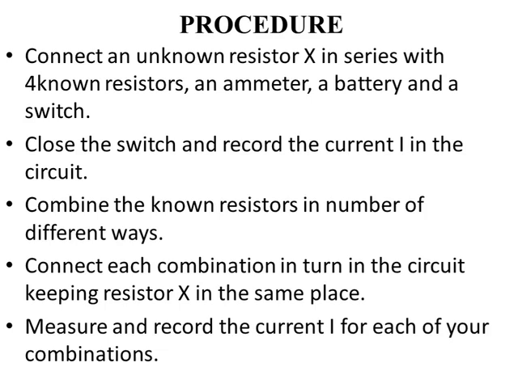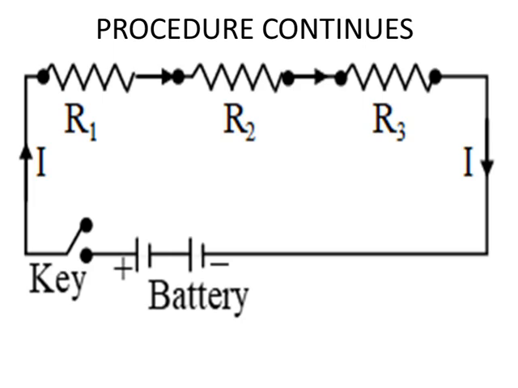So it says connect each combination in turn in the circuit, keeping resistor X in the same place, not changing. Then you measure and record the current I for each of your combinations. So you have to make sure that all these procedures are being followed.